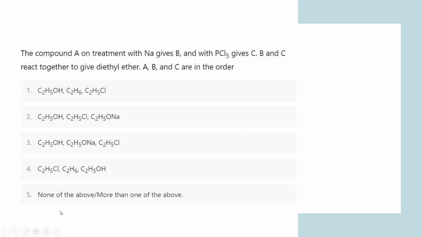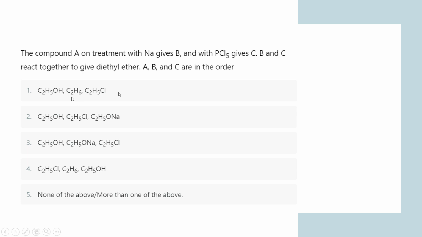You are given four options, and you have to identify all the compounds that are marked as A, B, and C in this question. They are saying suppose A is a compound, this reacts with sodium to give B, and A reacts with PCl5 to give you C. Then if we treat B and C together, we get diethyl ether as the final product.